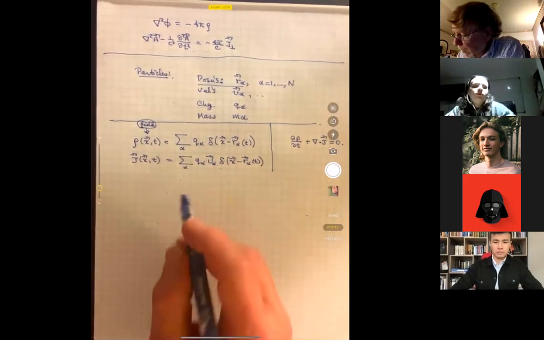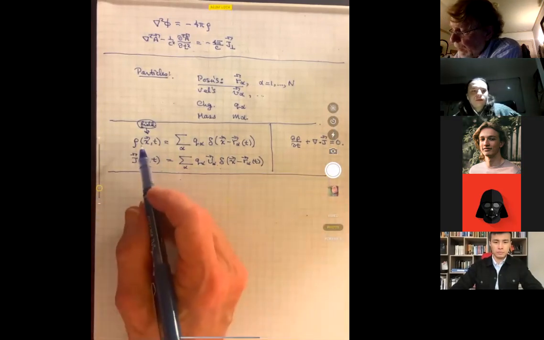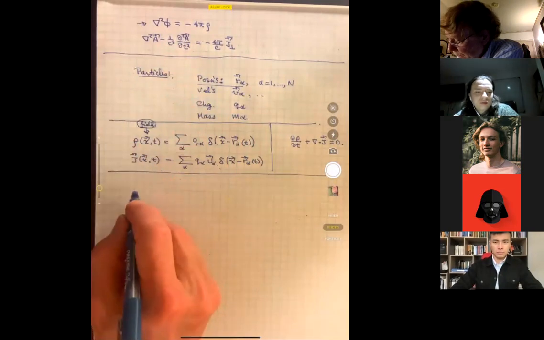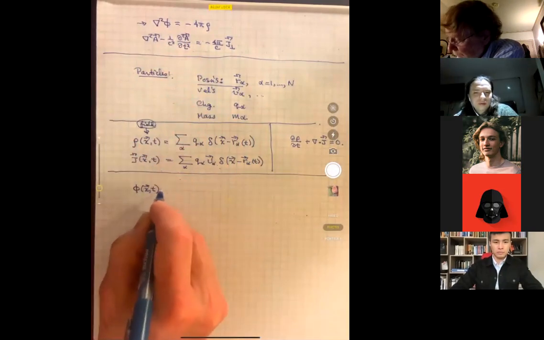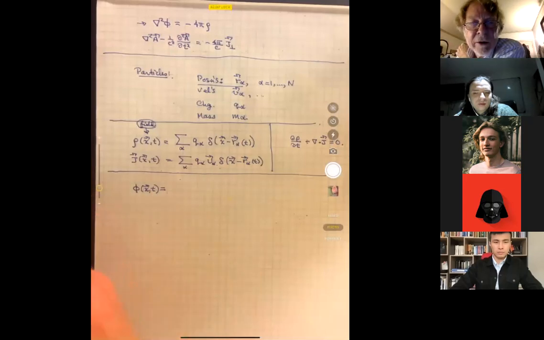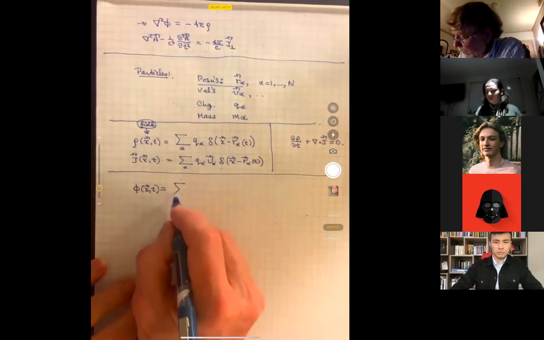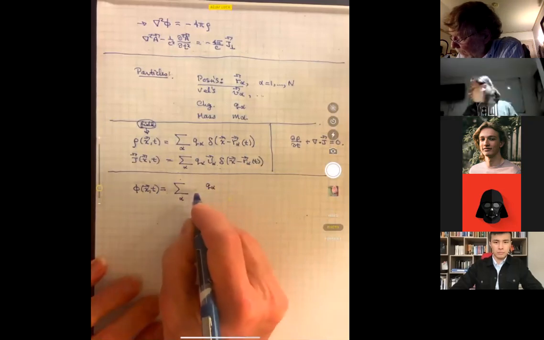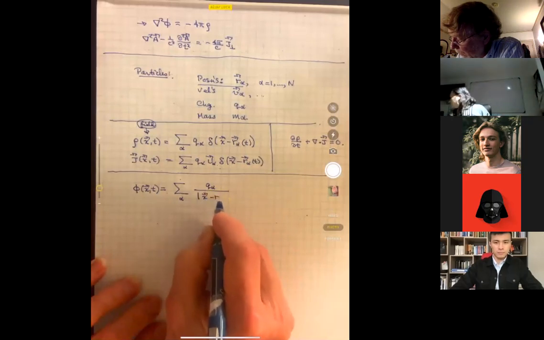All right. Now then, with this charge density, we can talk about the solution to the Poisson equation for phi, that is, phi of x and t. Well, I gave a formula earlier in terms of an integral over the charge density, but if the charge density consists of delta functions, you can do the integral. And so what you get is that phi of x and t is the sum on alpha of q alpha divided by the Coulomb denominator, which is the magnitude of x minus r alpha of t.